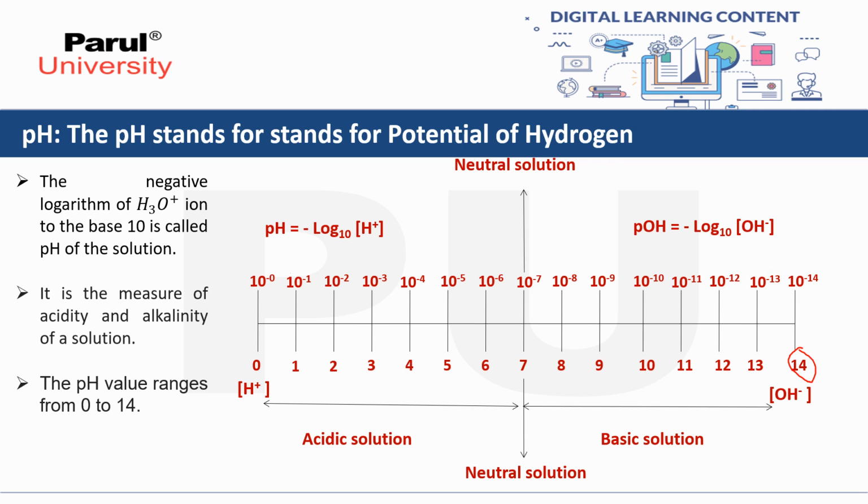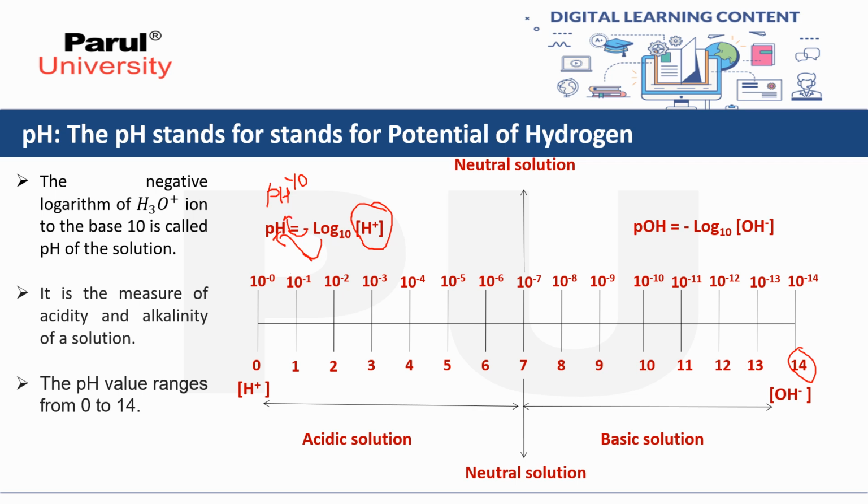If we want to find the concentration of H plus ion from pH, we will shift this log towards the left hand side, and it will become 10 to the power minus pH. How? We are shifting this minus to the power along with this 10.